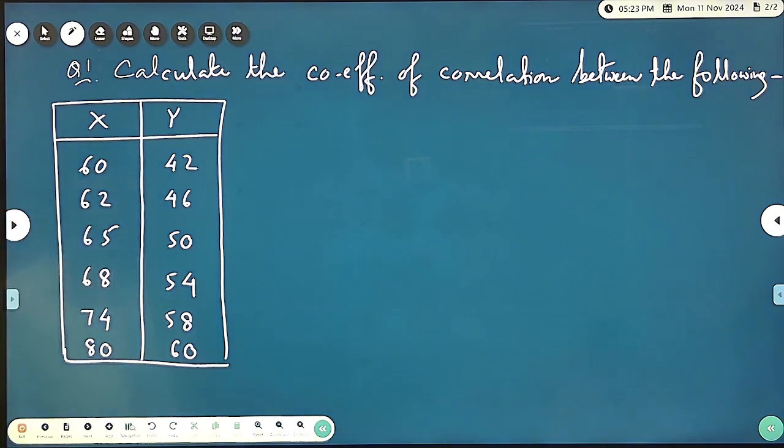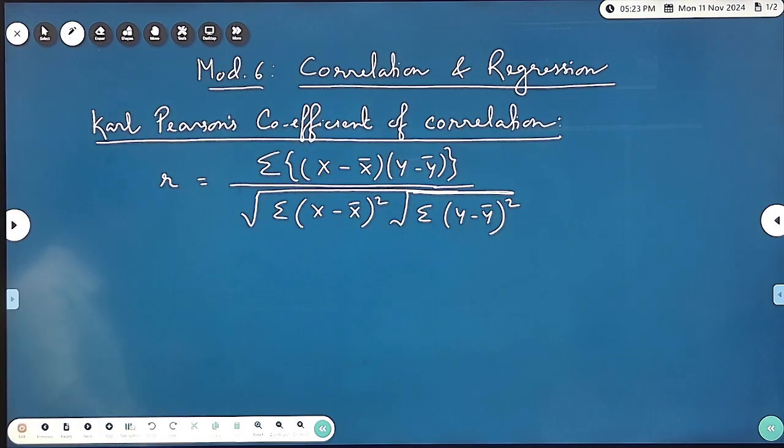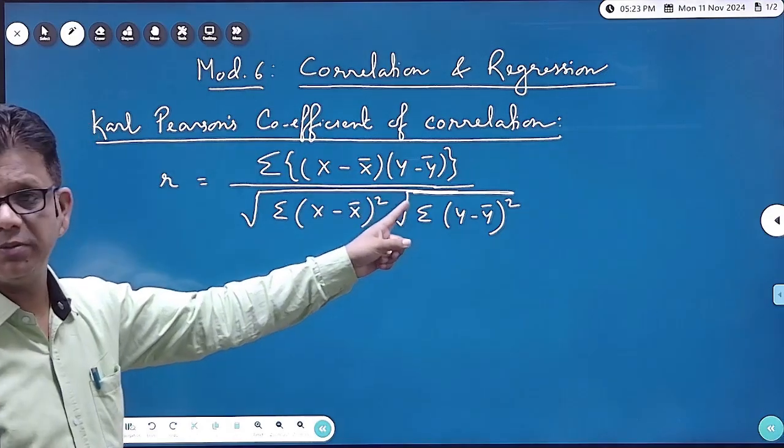Getting it? Now to do that, as I always say, in statistics the formula is the most important thing. If you know the formula, you can understand what columns you have to find. The first quantity x is the age of the elder one, y is the age of the younger one. You have to understand this formula. Here you have to find x bar and y bar.